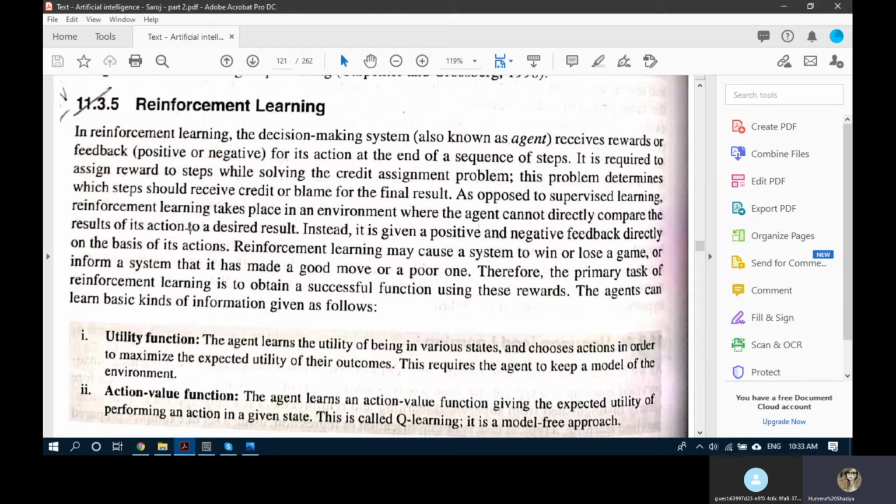Reinforcement learning is the one which provides some kind of feedback to the system, which is known as an agent. The system which performs a particular task is known as an agent.